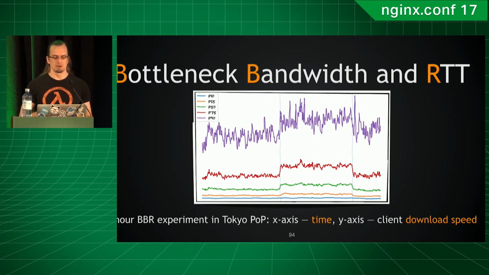Some months ago, we had a 6-hour BBR experiment. And you can see that download speed went up for pretty much all percentiles. So the clients we considered bandwidth limited actually were basically TCP limited in some sense, or congestion control limited.